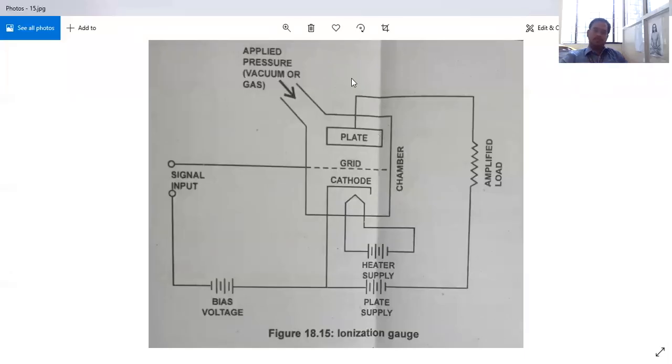Coming to the operation of this ionization gauge, we expose this gauge to the atmosphere whose pressure is to be determined, the vacuum or the gas whose pressure is to be determined. That gas enters this plate with a pressure, and this plate will eject the electrons, and this is a cathode here. Electrons will travel from here to here, controlled with this heater supply.